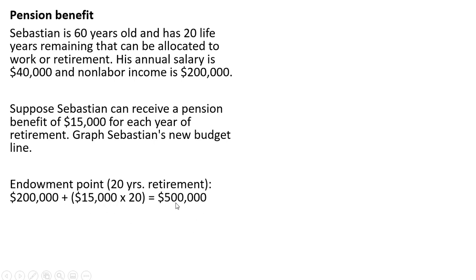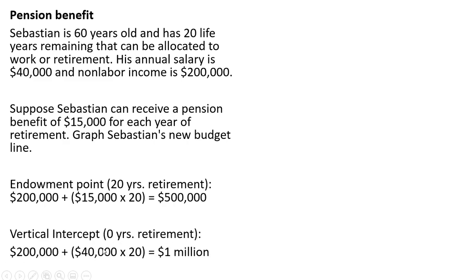So our endowment point occurs at $500,000. The vertical intercept means 0 years of retirement. He will not be collecting any pension here because he's going to work all 20 years, and so the vertical intercept is still $1 million. $40,000 a year over 20 years of working is $800,000 plus this original $200,000 of non-labor income.